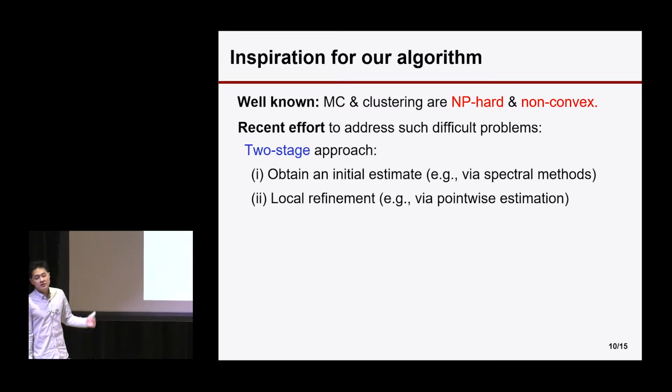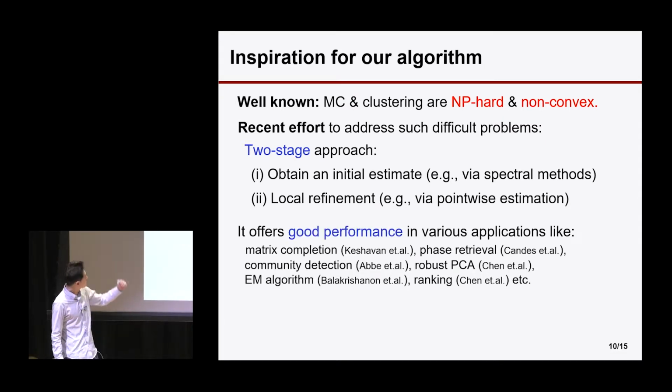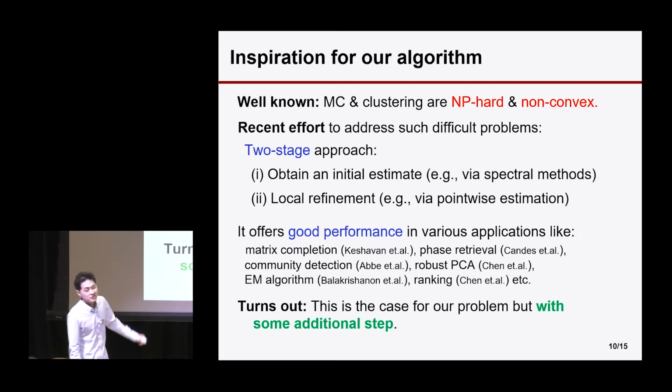It turns out that this two-stage algorithm can offer very good performance in many applications like phase retrieval, community detection, robust PCA, EM, ranking, and many other applications. So inspired by this, we took this approach, of course, to show that this is the case for our problem setting as well, but with some additional steps.